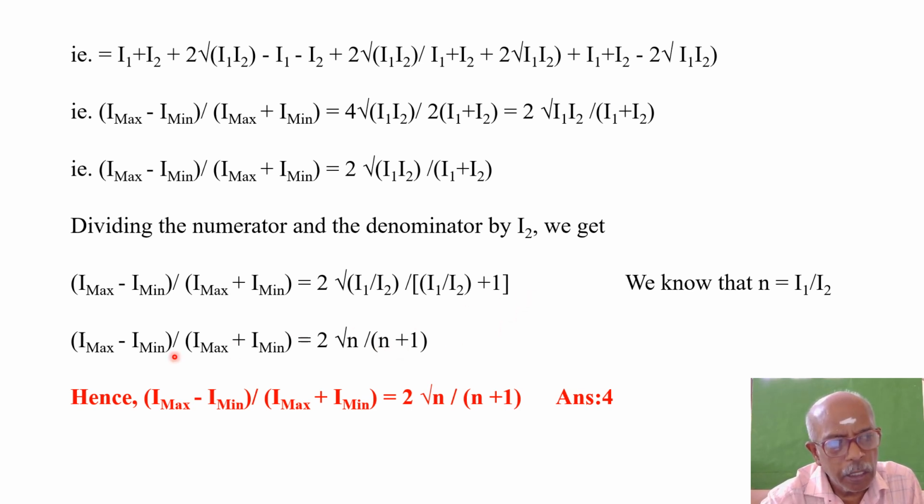So the result is 2 into square root of n divided by n plus 1. This is the right answer. Option 4 is the right answer.